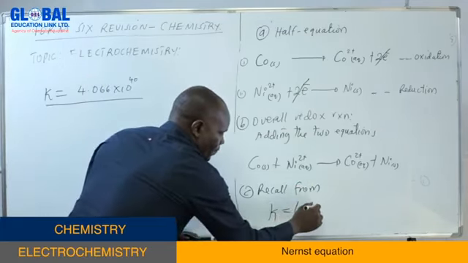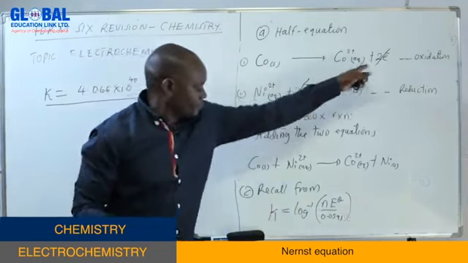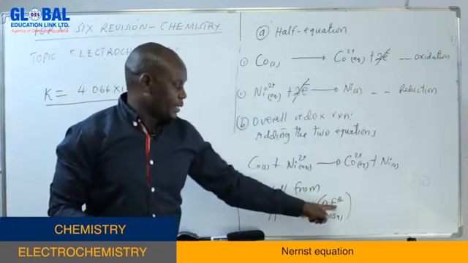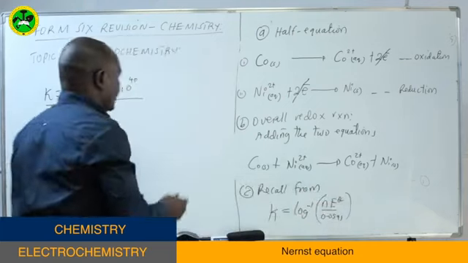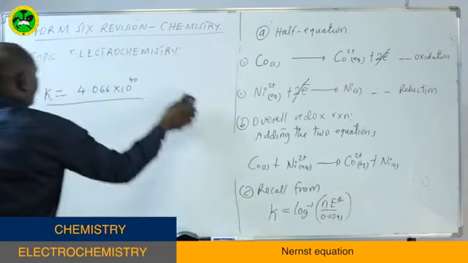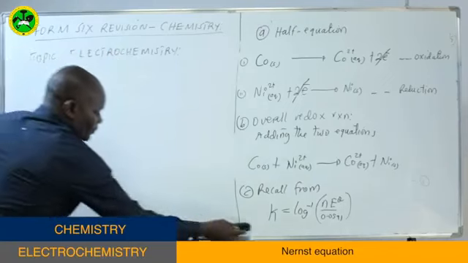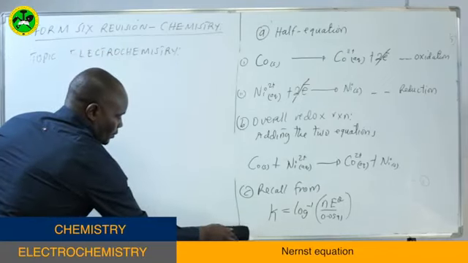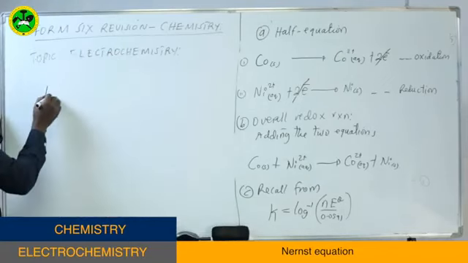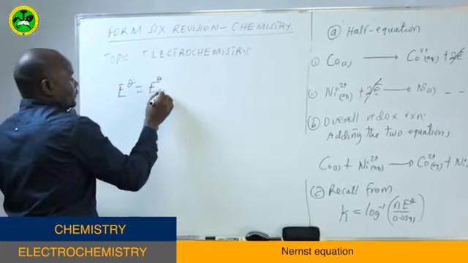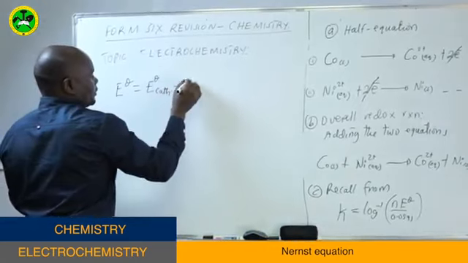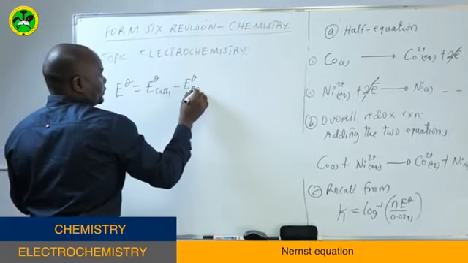But n is equal to 2. And the E standard will be E cathode minus E anode. So the standard electrode potential is equal to E cathode minus E anode.